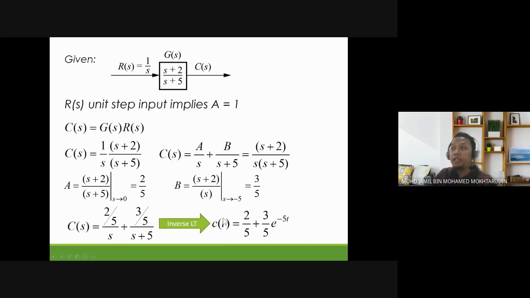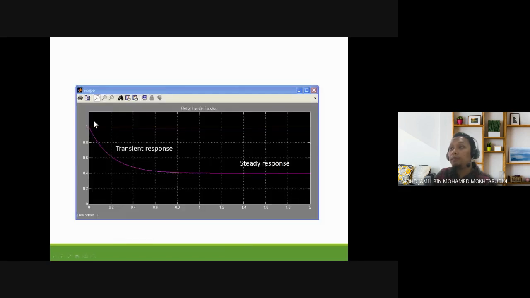You have learned this in lecture number 2A. Then you can plot the graph of c(t), and you will get a graph something like this, the purple one here. The curved part is the transient response, and the steady state part is the steady state response.